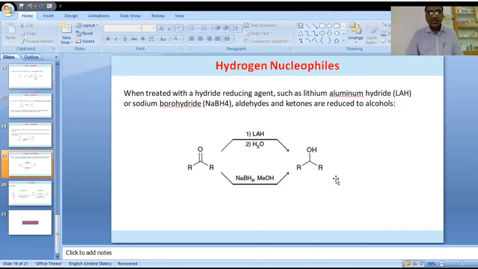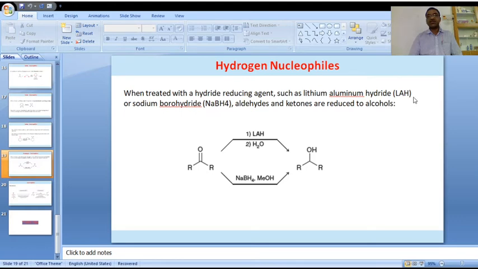This is another type of nucleophile, hydrogen nucleophiles, nucleophiles containing a hydrogen atom. For that purpose, the suitable examples are these two. Here, lithium aluminum hydride, also represented with the formula LAH, is one of the hydrogen nucleophiles. The other is sodium borohydride, NaBH4.